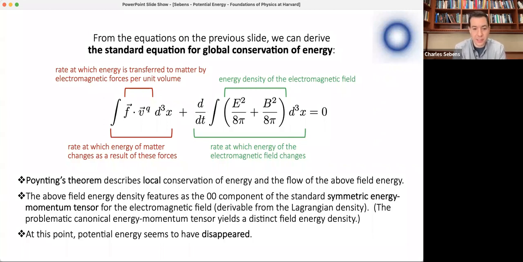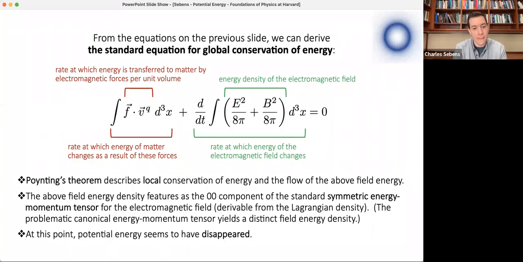The canonical energy momentum tensor gives a different energy density for the electromagnetic field, but it is not generally regarded as attractive, in part because it's not symmetric. The fact that it's not symmetric is sometimes said to mean that angular momentum would not be conserved, although there are ways to retrieve conservation of angular momentum by endowing the electromagnetic field with a density of intrinsic angular momentum.